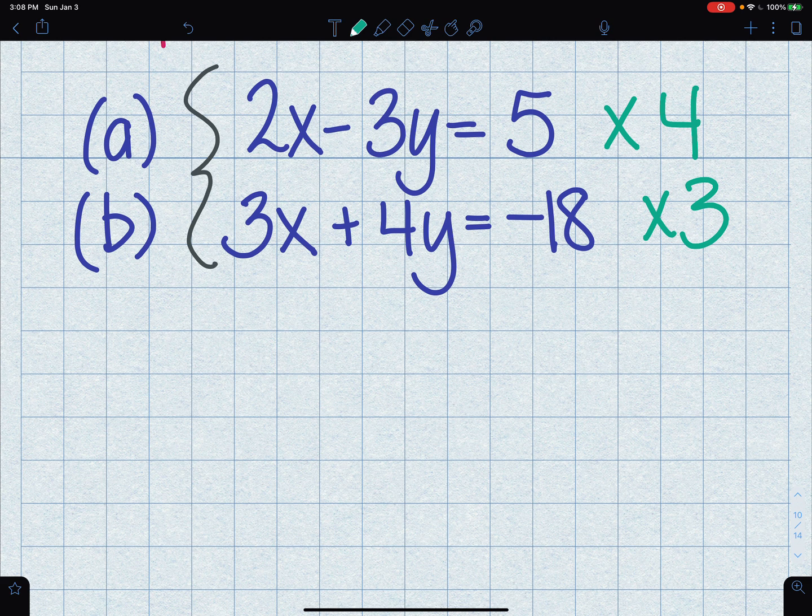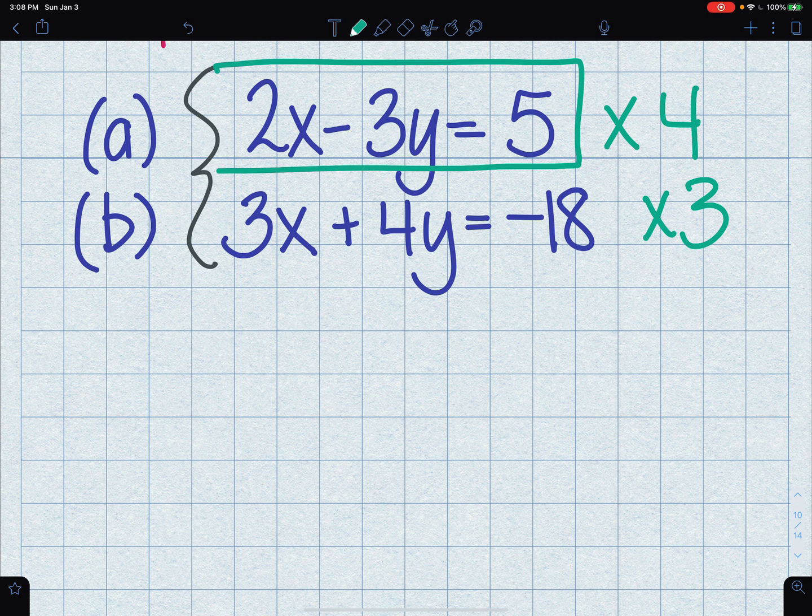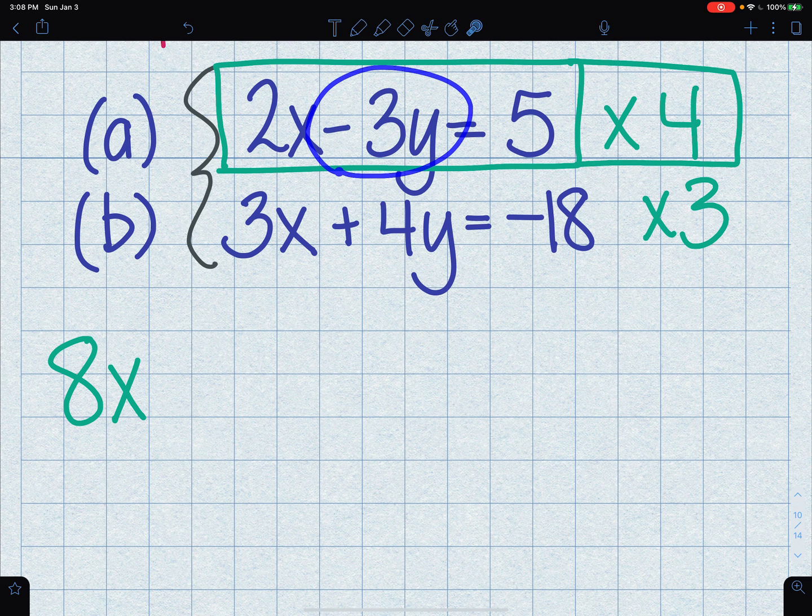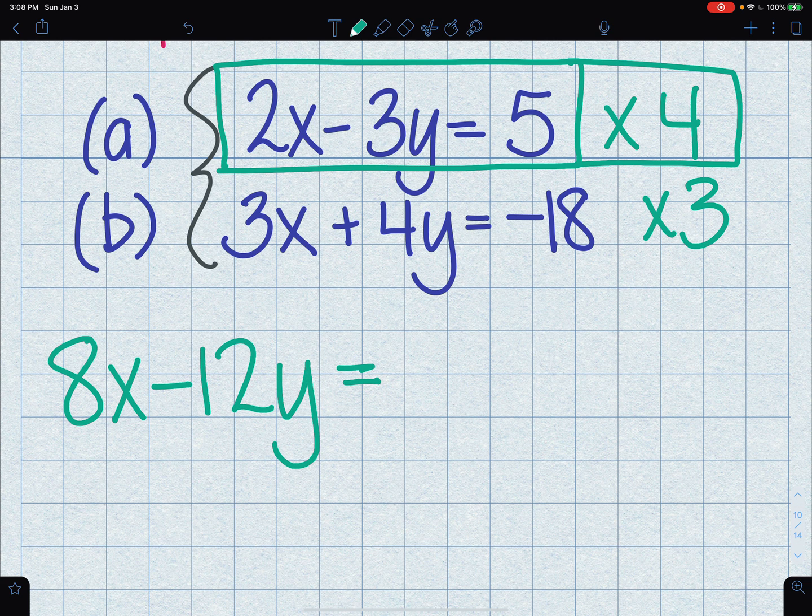Okay, so I'm going to rewrite equation A, but I'm going to multiply every term by 4. So 2x times 4 is going to be 8x. Negative 3y times 4 is going to be negative 12y is equal to, and then 5 times 4 is going to be 20.